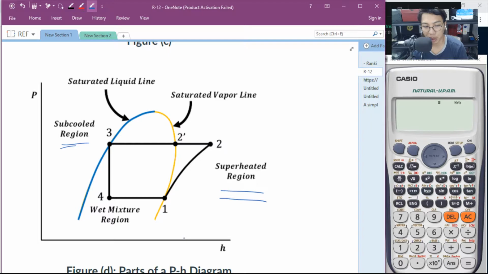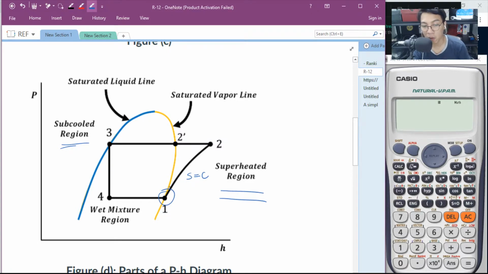Now, as you can see dito, parang yung diagram natin. At point 1, before going to isentropic compression, your refrigerant is lying on the saturated vapor line, which means yung iyong vapor or refrigerant is simply saturated at state.